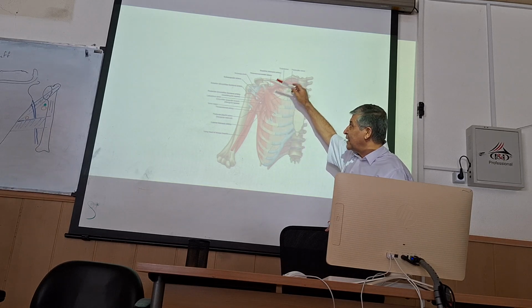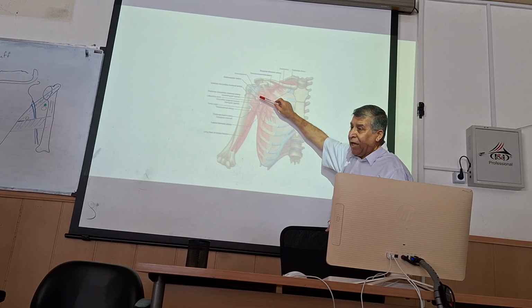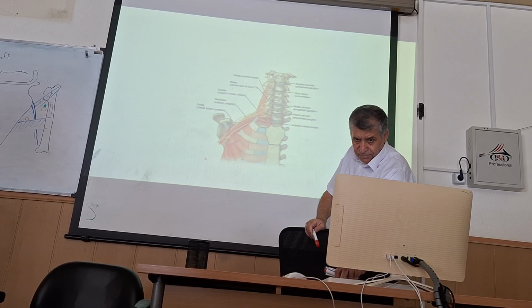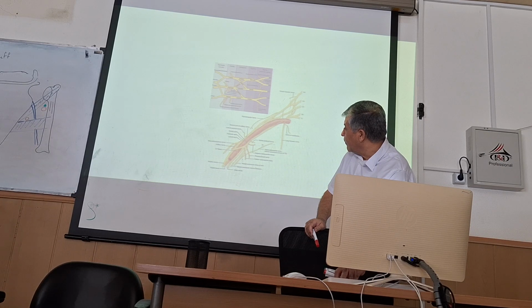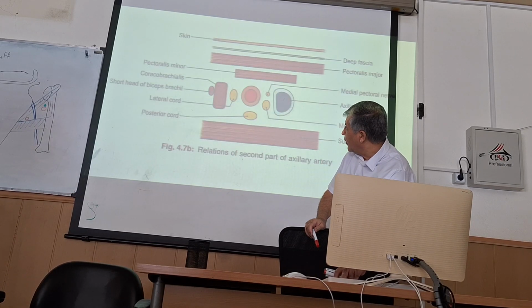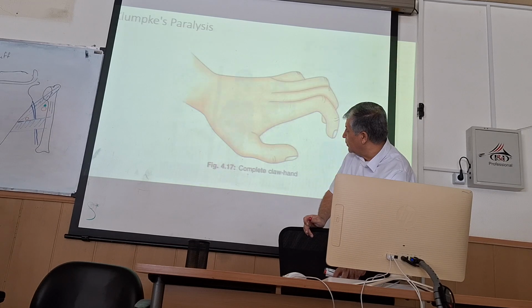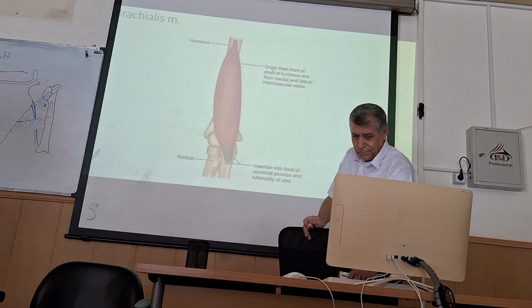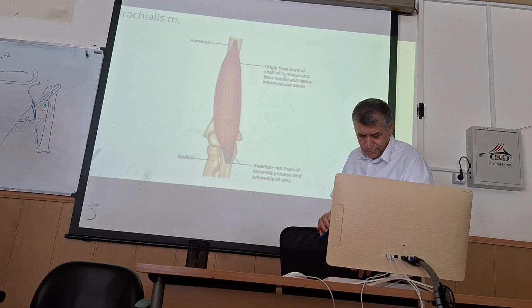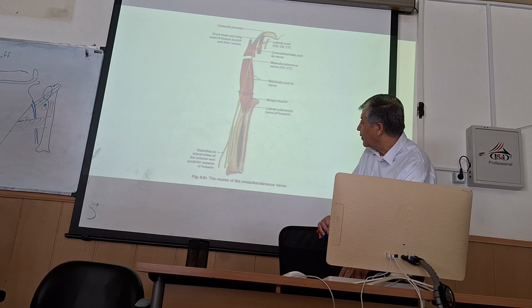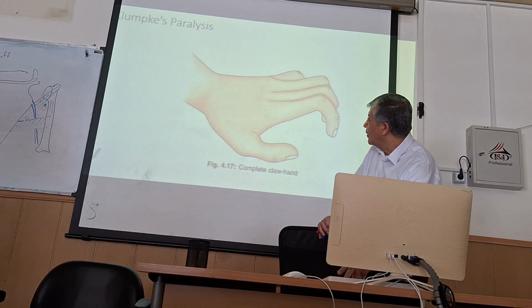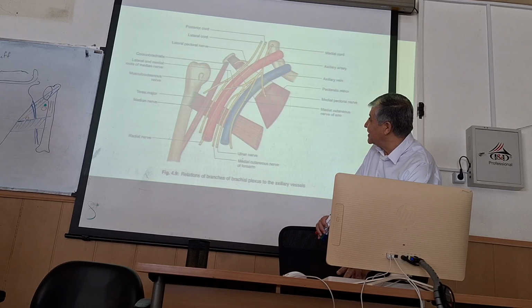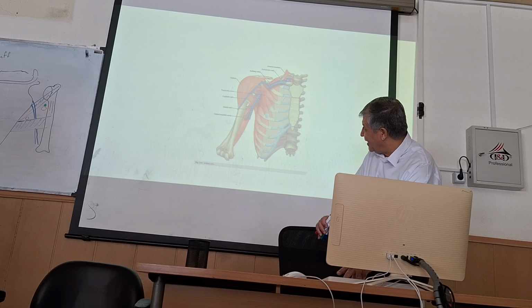The axillary artery is divided into first part, second part, and third part. Branches are divided into after, before, behind.